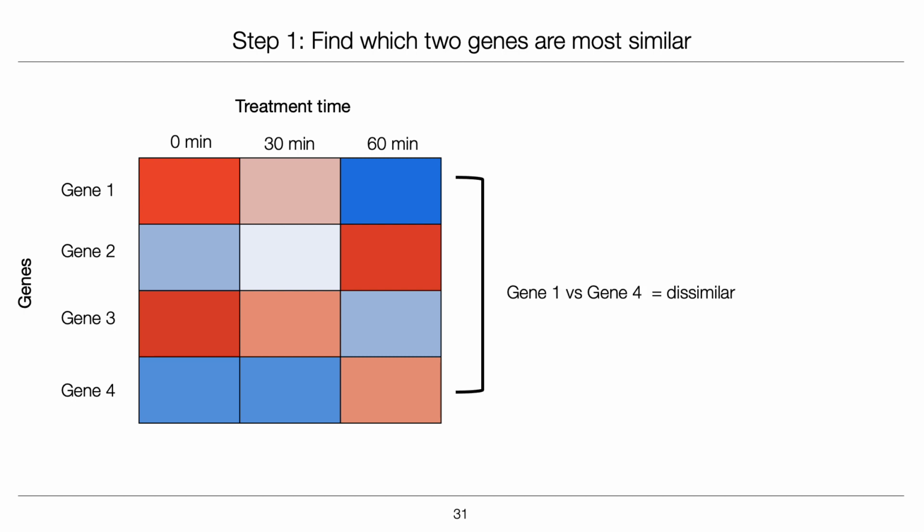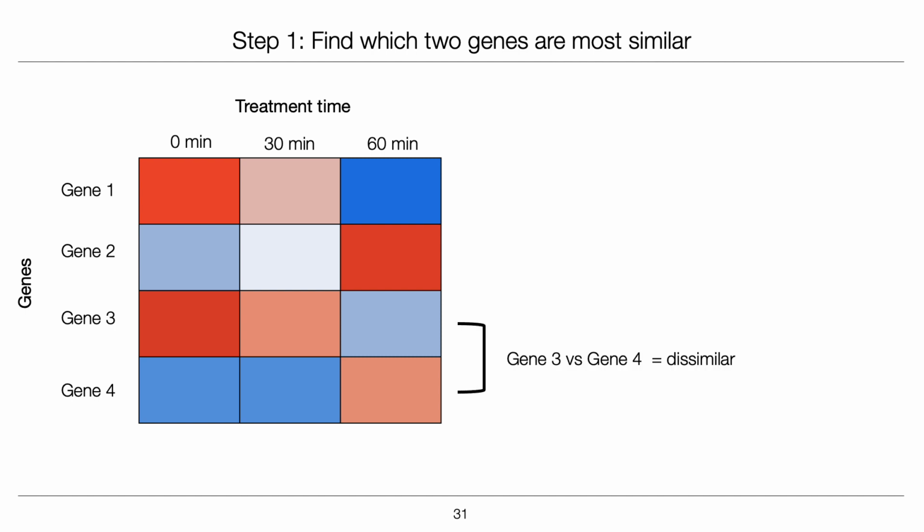Gene 1 and gene 4 are dissimilar. Gene 2 and gene 3 are dissimilar. And gene 2 and gene 4 are similar, although to a lesser degree than gene 1 and gene 3. Finally, gene 3 and gene 4 are dissimilar.